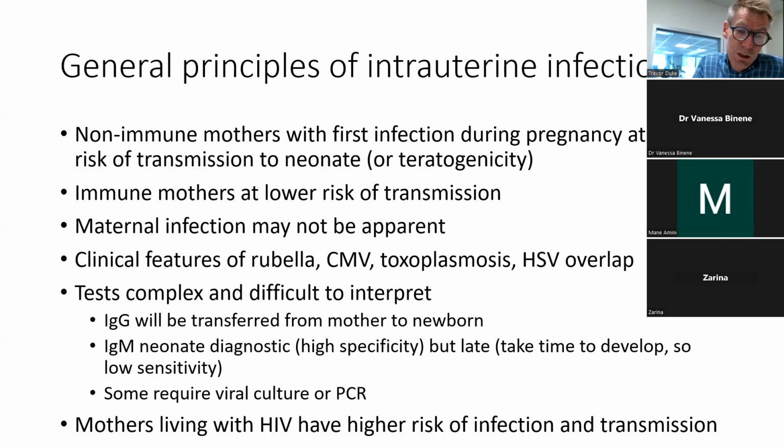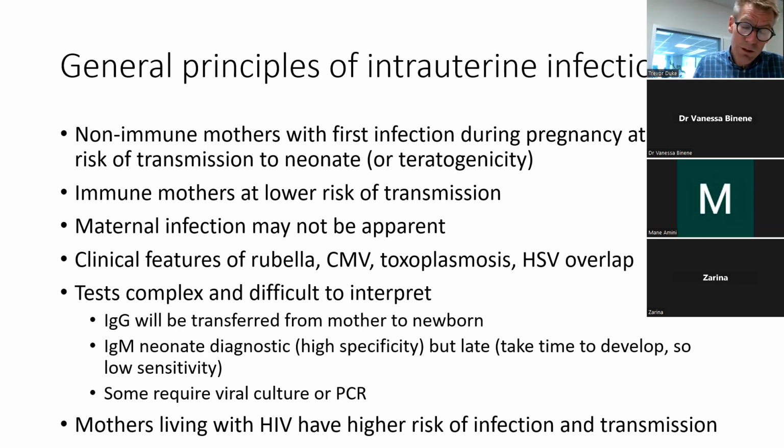The last general principle of these infections is that mothers who are living with HIV have a higher risk of both infection and transmission. And if they have these infections, whether it's CMV or rubella, if they have these infections as primary infections or infections during pregnancy, then they're actually also at higher risk of transmission of HIV as well as these other infections.